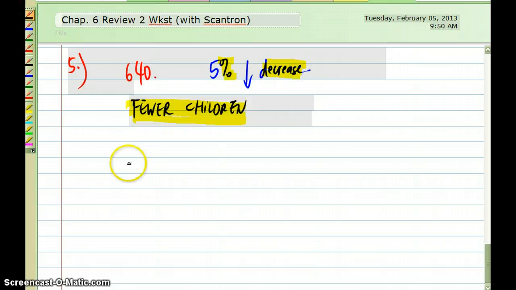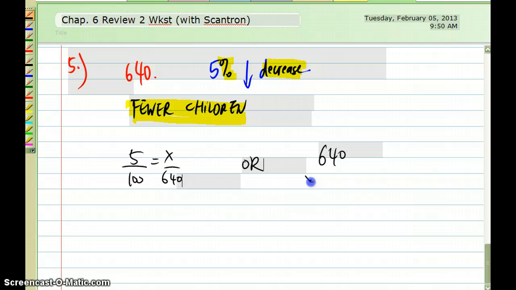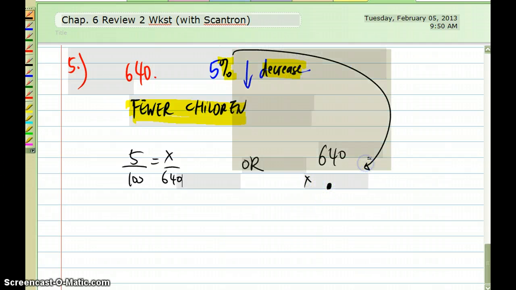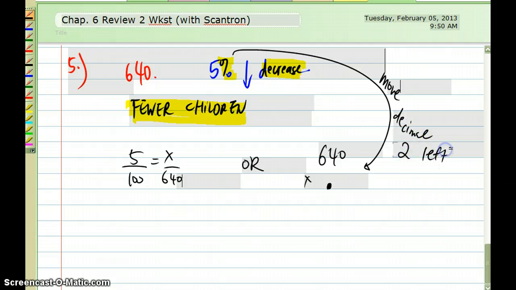So if I use my proportion, I would do 5 over 100 equals x over 640. Or I could take 640 and multiply by point. Now this is the tricky part. A lot of us forget that that percentage becomes a decimal, I need to move the decimal 2 to the left. So it's going to go from 5 back, 1, 2. So I need to add a 0.05.